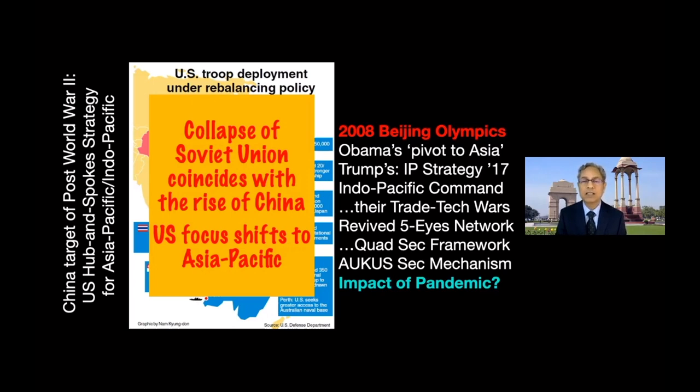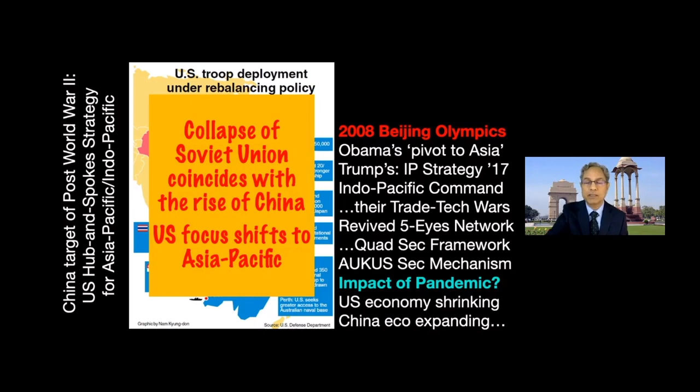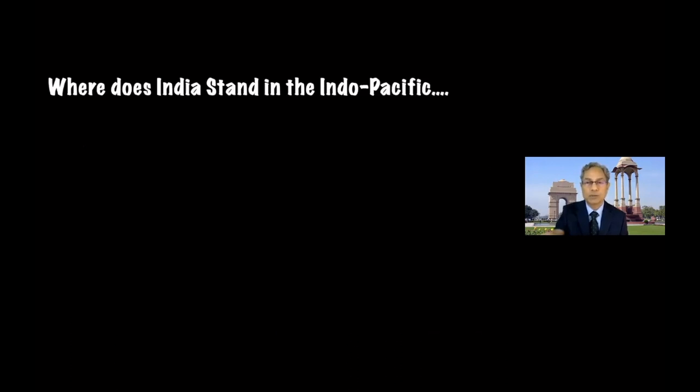You have seen that many countries, including yours and mine, and most of all United States, where about 500,000 people have actually died. Pandemic has changed equations because US economy has shrunk during the pandemic, but Chinese economy has expanded during the pandemic. And that is very unusual.